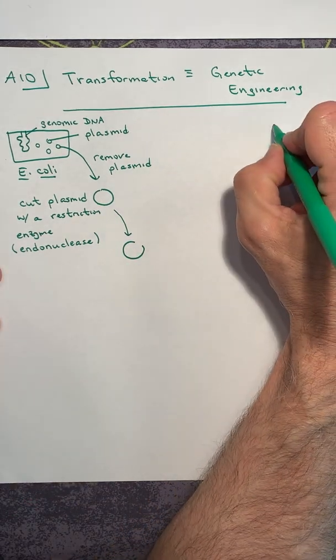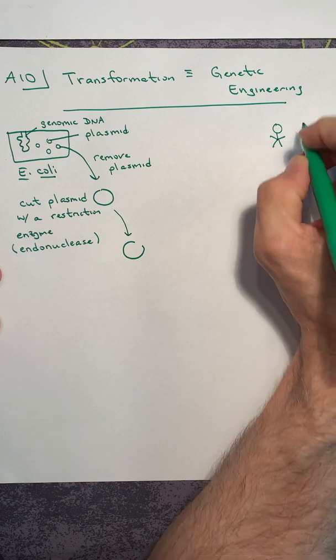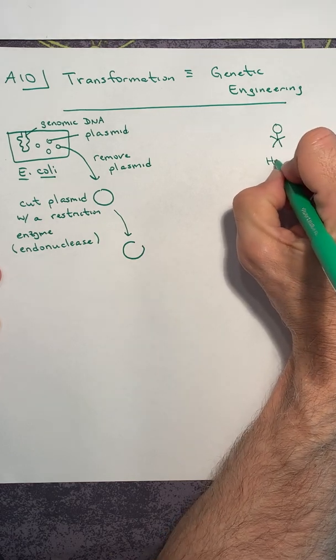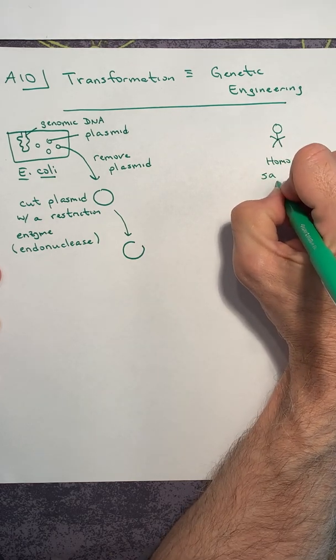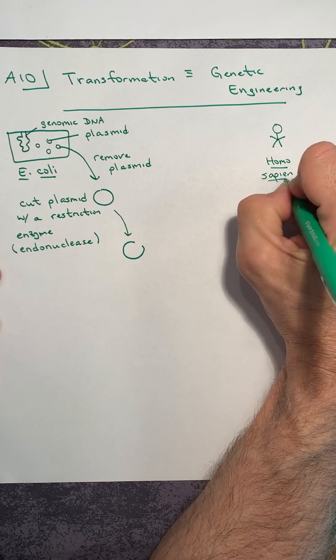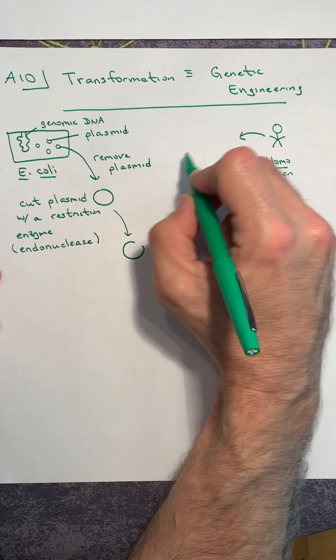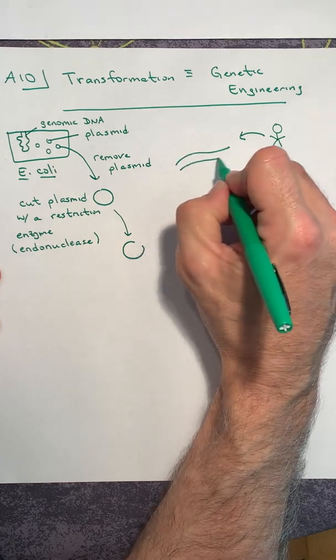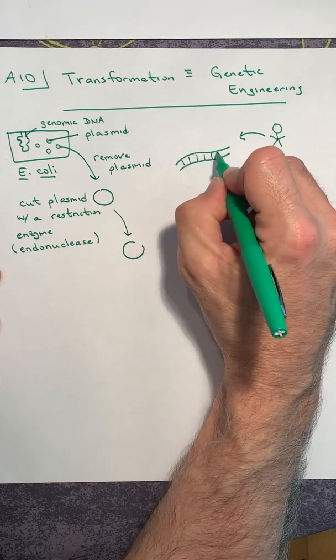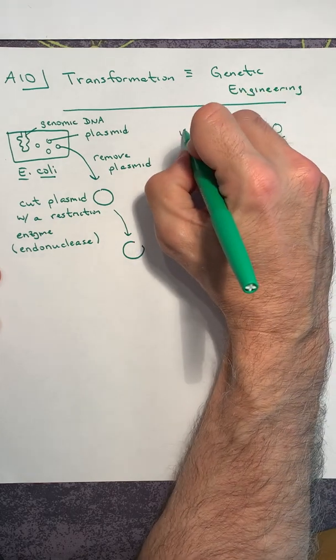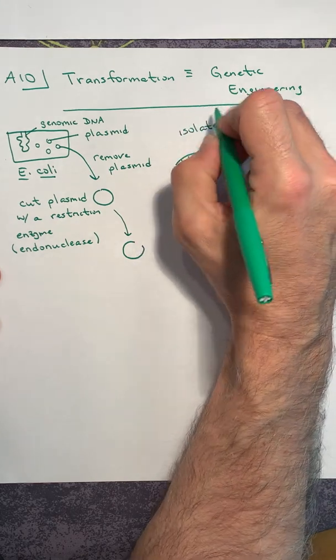Now, what happened over here then is you had a Homo sapien. And in the late 80s, they isolated the genome of human beings.